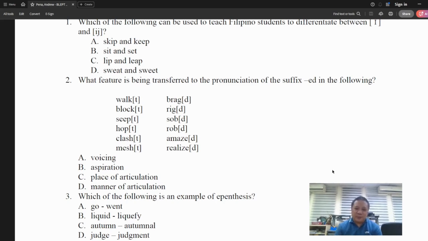When the last sound of the word is voiceless, the ed also becomes voiceless. K is voiceless, t is also voiceless. But when the last sound is voiced, g or d or z, then the ed is pronounced as voiced, which is d. So the answer is A, voicing.